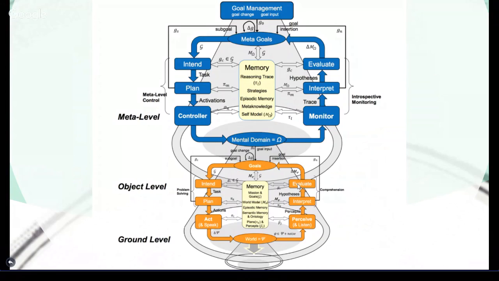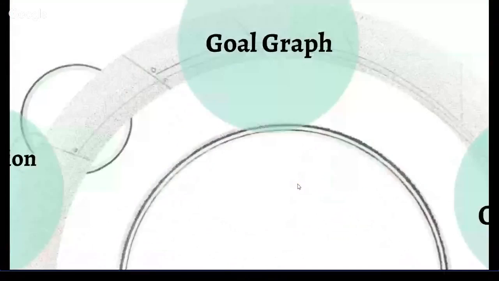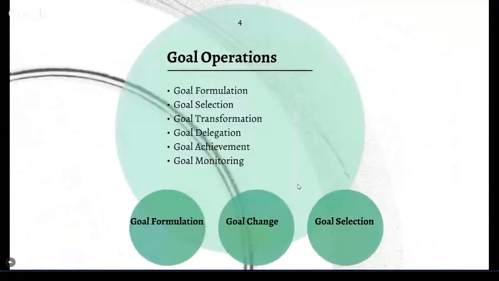If a plan already exists, it does nothing. Then the act phase iterates through the plan and executes one action at a time. In the meta phase, the plan also interacts with the goal graph in order to perform the goal transformation operation, which we'll talk about in the next slide. If you want to better understand the goal graph working with an example, please take a look at the previous year's demo. It will be clearer than here.